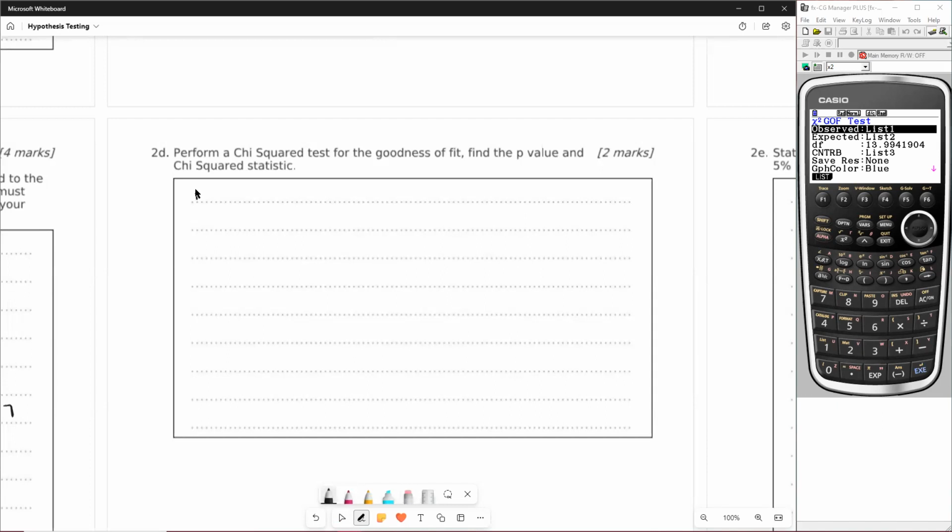So here we said that we input observed as list 1 and expected as list 2.